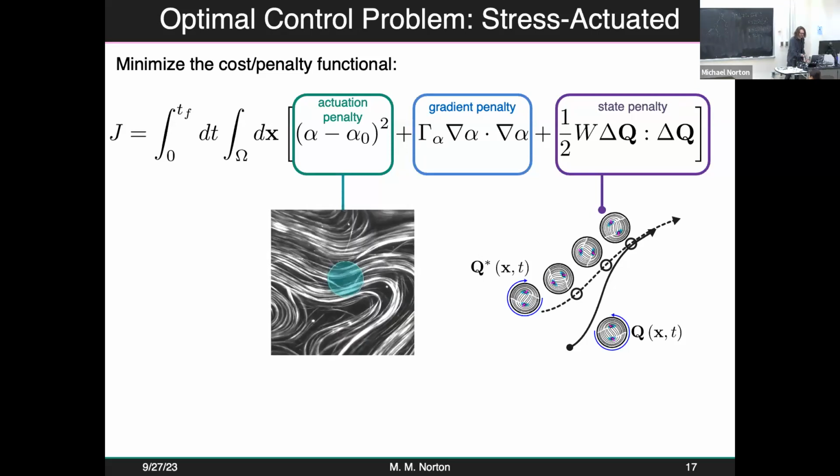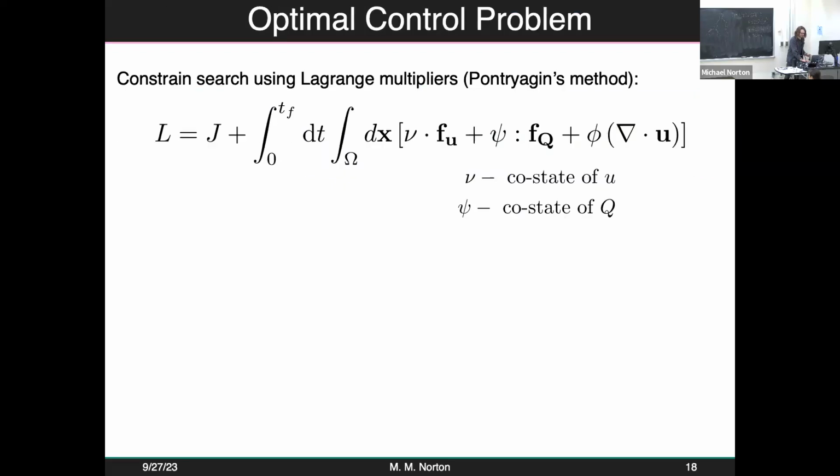We can definitely talk about this more if folks are interested, but I just wanted to lay out the setup for this problem. We have our penalty functional that we're trying to minimize, but we're not allowed to make arbitrary choices about how we do that gradient descent. We want to do our gradient descent in a way that respects the native dynamics that we've written out with our PDE.